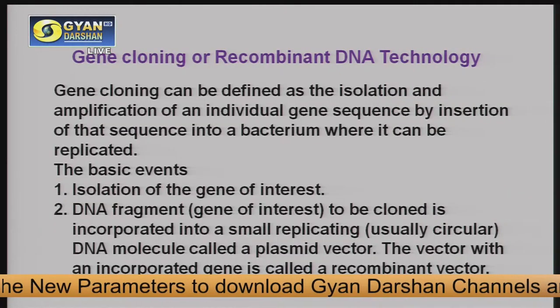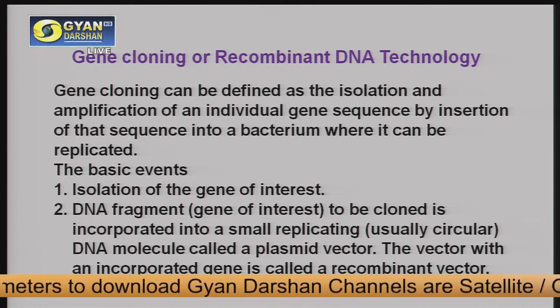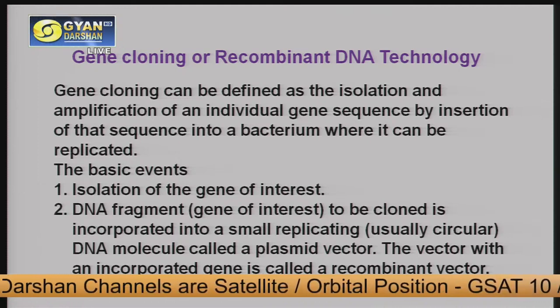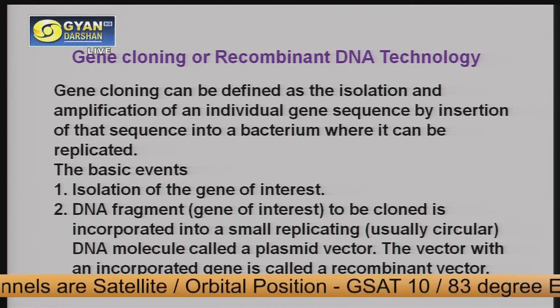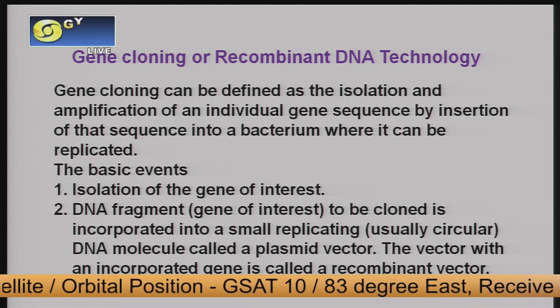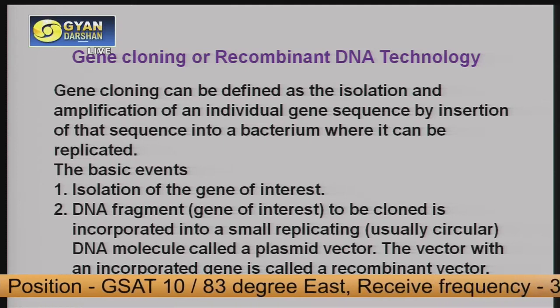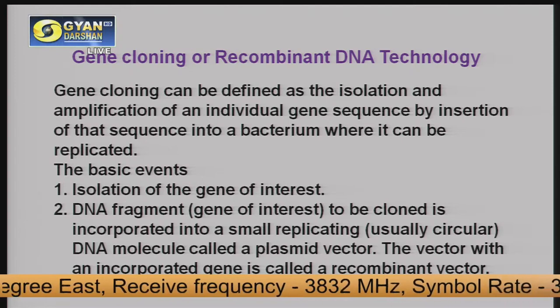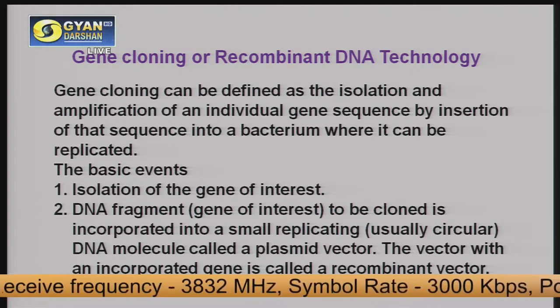So the basic events are isolation of the gene of interest. I will be talking on each of these steps in detail. Isolation of the gene of interest. The DNA fragment to be cloned is incorporated into a small replicating, usually circular DNA molecule, which we call a plasmid vector. And the vector with an incorporated gene is called a recombinant vector.